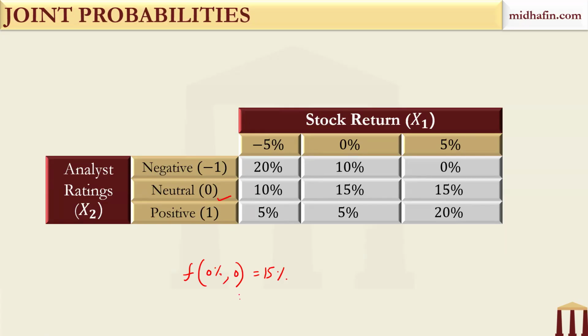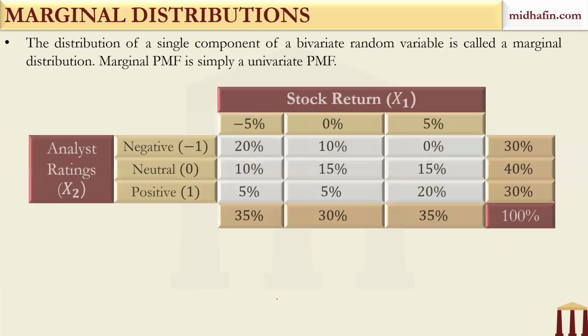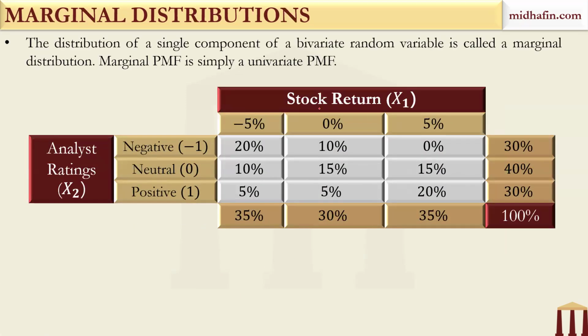Over here, if I only want to find out the probability that stock return is, say, negative 5% only, without even considering the ratings, then we are talking about marginal distributions because we are only considering a single component. The distribution of a single component is called a marginal distribution.